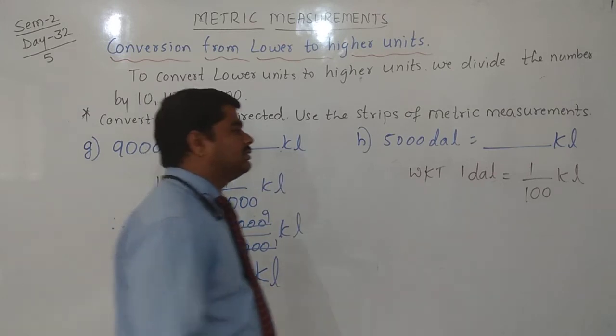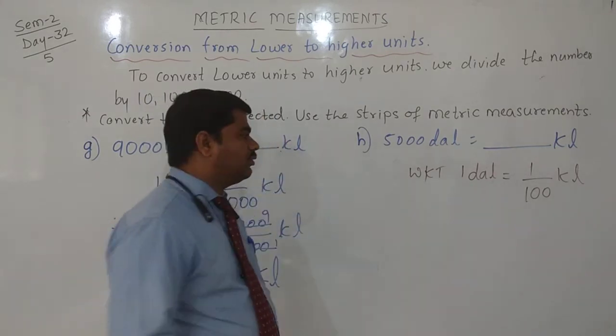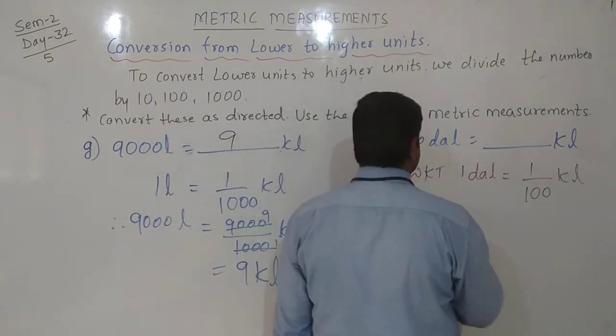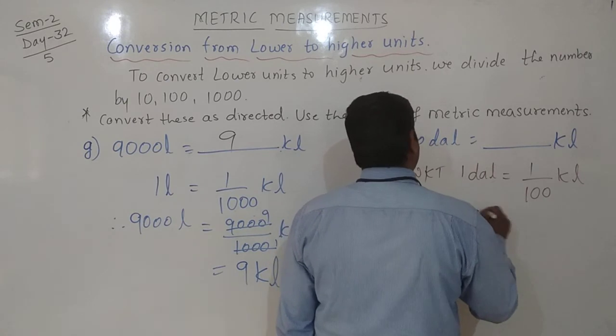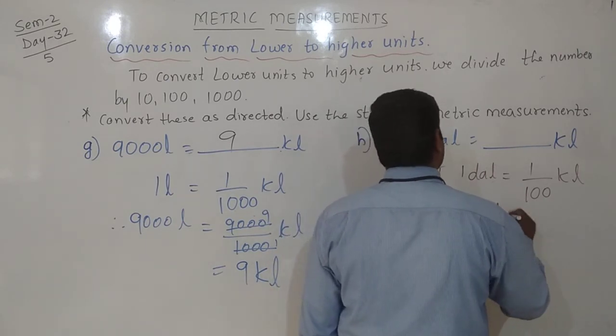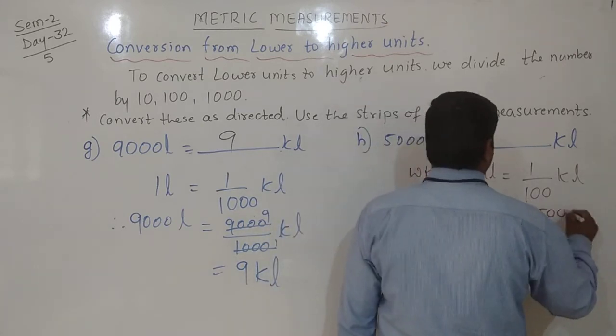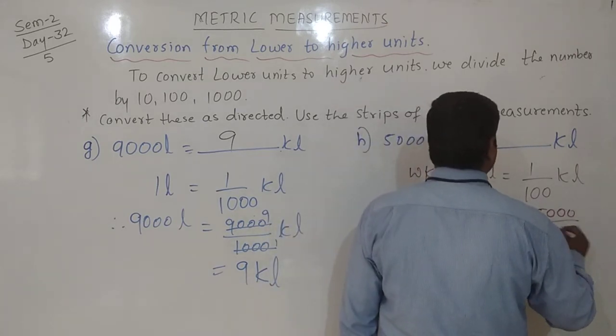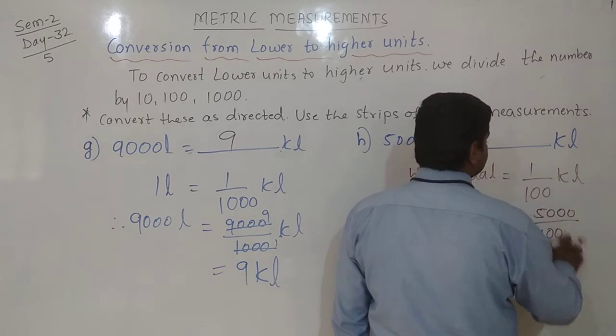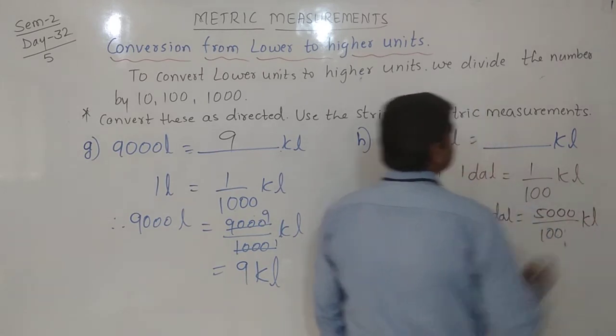Deca to hecto, hecto to kilo. Then we can write, therefore, 5000 decaliter is 5000 by 100 kiloliter.